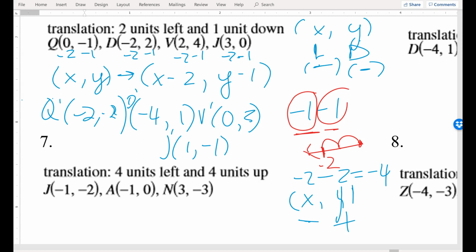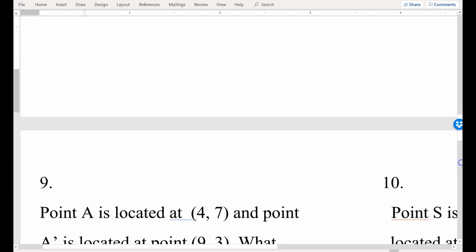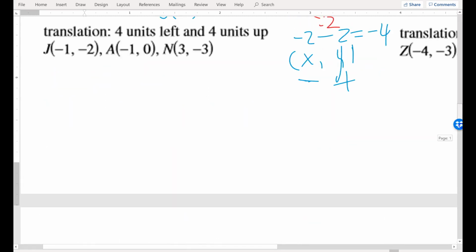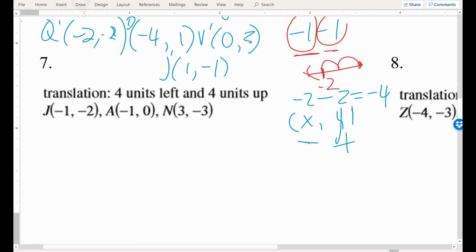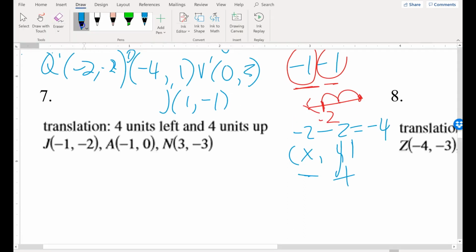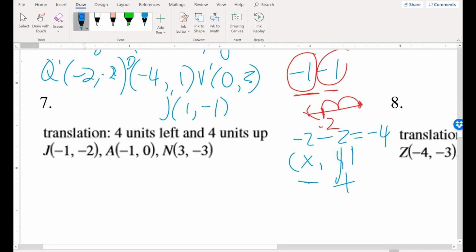So for every 4 units left and 4 units up, this means my normal X, Y now becomes subtract.